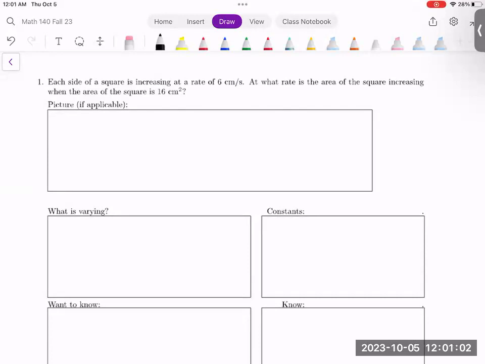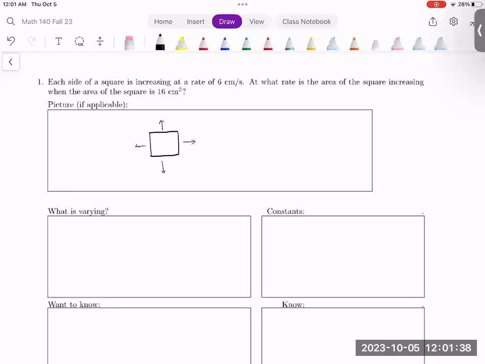Okay, so what's going on here? We have a square, and we have that it's growing. And we're interested in finding the rate of change of the area when the area is 16 square centimeters. Okay, so first off, we have a little picture of our square and just arrows indicating that this square is growing.